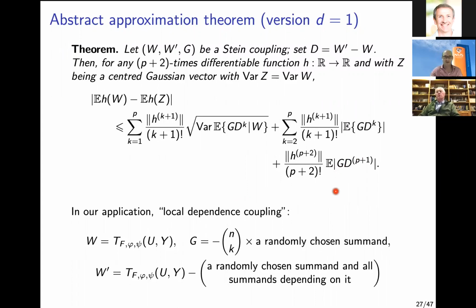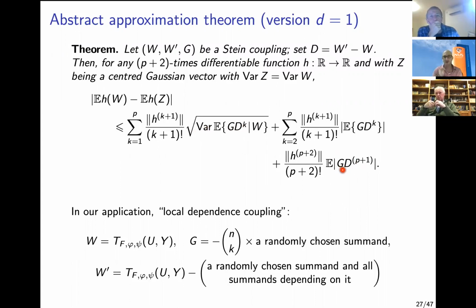Those who know those Stein theorems for exchangeable pairs know there are usually two terms. One is the variance of the conditional expectation of GD in terms of Stein couplings, and then we usually have an expectation of GD squared, and that's usually the easy term. But in this case, because they're uncorrelated, this absolute value inside destroys a lot of the structure.